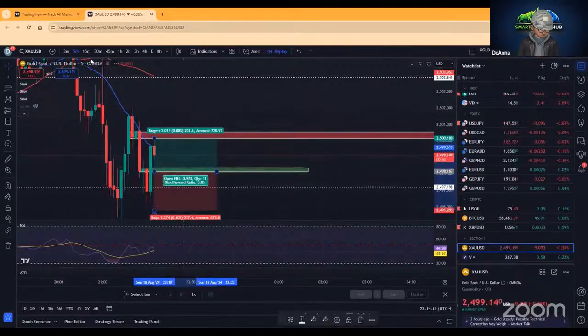Well, I went to the 5 minute for my entries, and next class we're going to talk about what each time frame means. So today I just wanted to touch base on the four areas we're looking for. Next Sunday we're going to talk about time frames, and we're going to go over the fair value gap with the time frames.